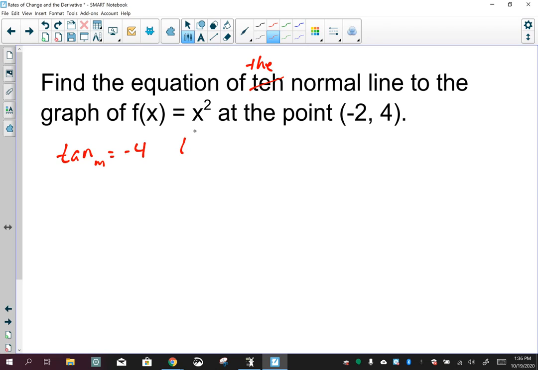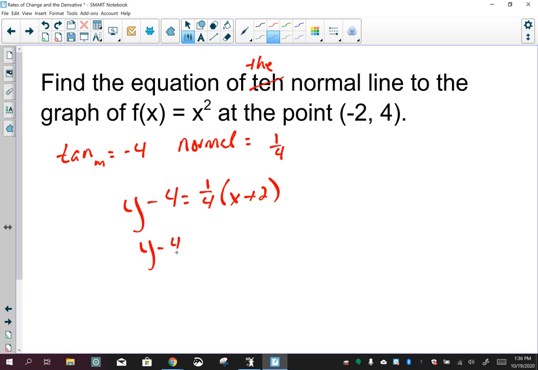So my normal slope would be flip it and change the sign. So it's going to be a positive 1/4. I'm going to still use the same point. So y minus 4 is equal to 1/4 times x plus 2.